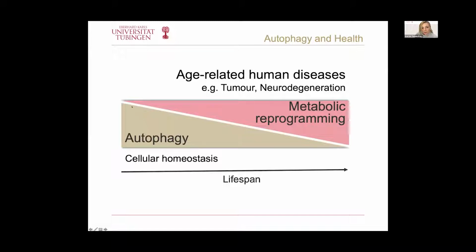But the problem may be with age that autophagic activity declines, and that gives rise to a variety of age-related human diseases that are sometimes correlated with metabolic reprogramming, like in tumor. Now in BPAN, we have a mutation of an autophagy gene, and that's WIPI4, and we'll come to this in a second.